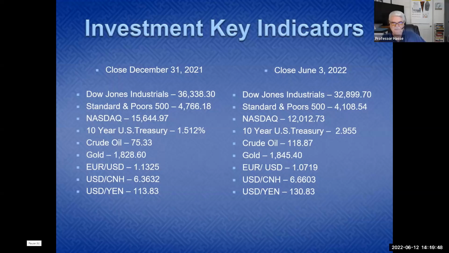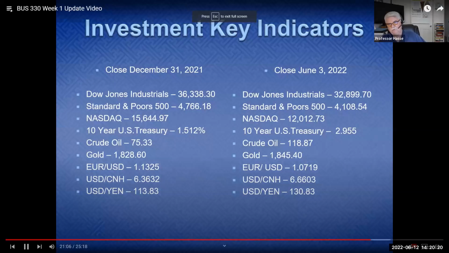The two leading commodities. And then finally, the three major currency evaluations in the world. The euro to the United States dollar, the United States dollar to the Chinese yuan, and the United States dollar to the Japanese yen. How the US dollar does to these various currencies, the dollar has gotten a little weaker over the course of this year, but it's still the strongest currency in the world.